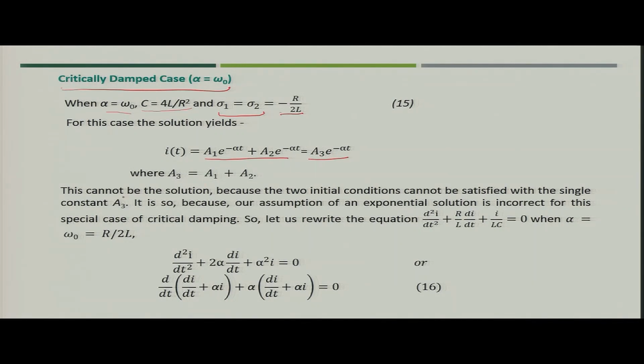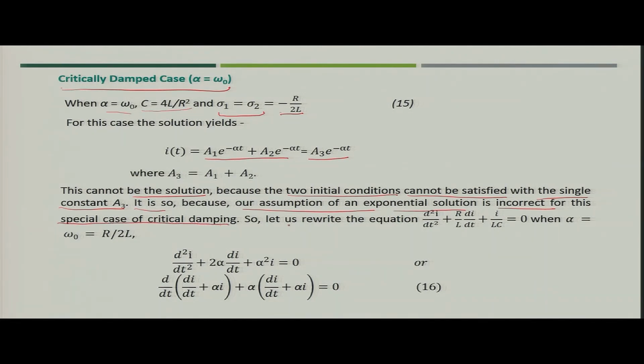Now, this cannot be a solution, because the two initial conditions which we saw, that is I at time t equal to 0 and di by dt at time t equal to 0, cannot be satisfied with a single constant A3. So, why did it happen? Because our initial assumption of an exponential solution is incorrect for this particular case of critical damping.